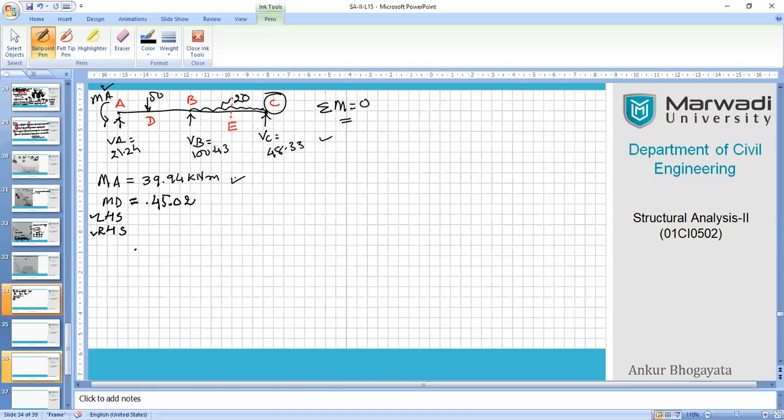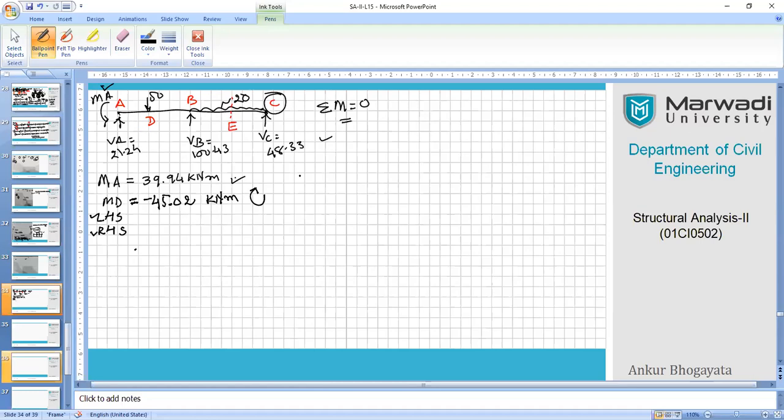Don't you think negative? What sign should be there? Negative. Clockwise or anti-clockwise? Clockwise. Yes, clockwise. That is my point. So it should be negative.